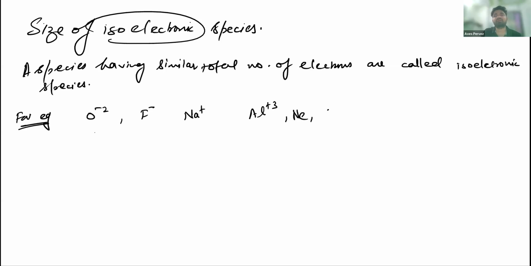The size of isoelectronic species depends on the nuclear charge, the Z by E effect.